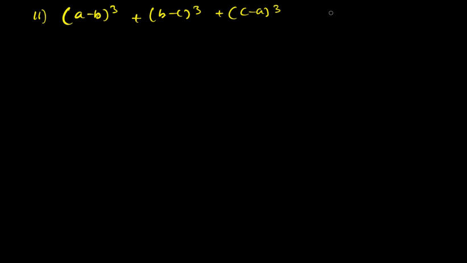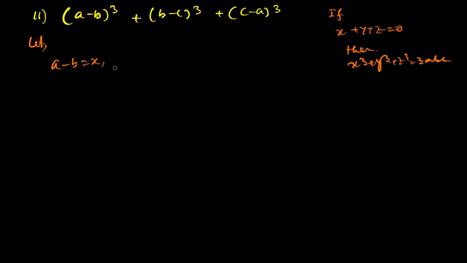We have learned that if x plus y plus z equals 0, then x cube plus y cube plus z cube equals 3xyz. Okay, so we will consider, let a minus b equal x, b minus c equal y, and c minus a equal z.